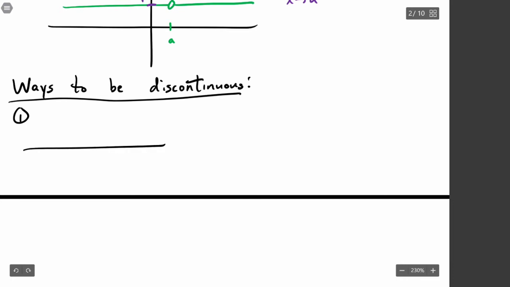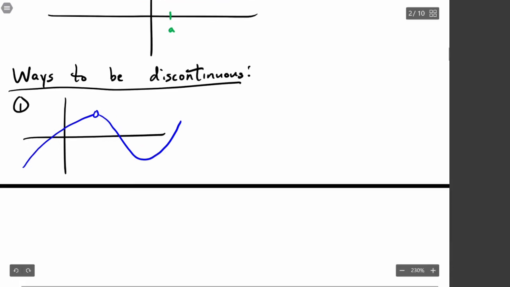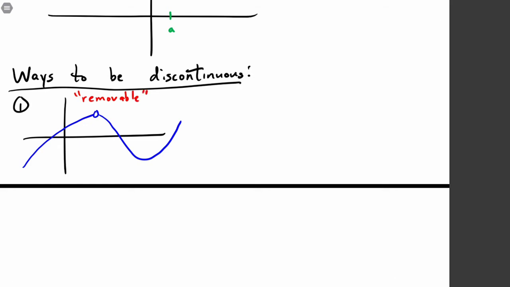You could have a hole. Right, so you could have something that goes like this. You get a hole, and then the function keeps going. This one here is what we would call a removable discontinuity, because it sort of looks like you can just plug up the hole.